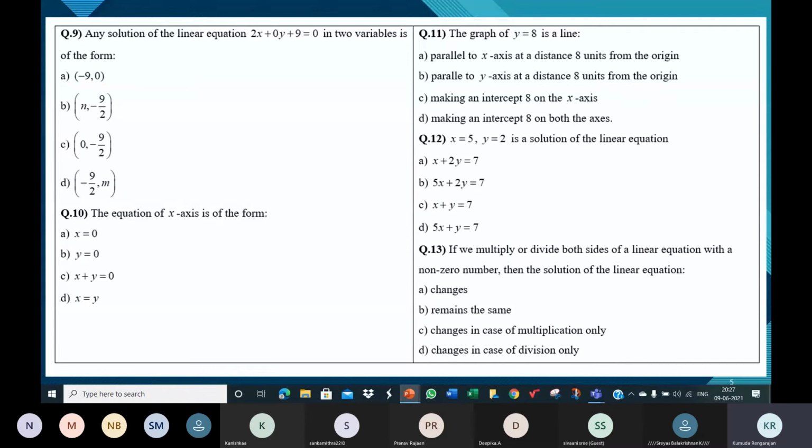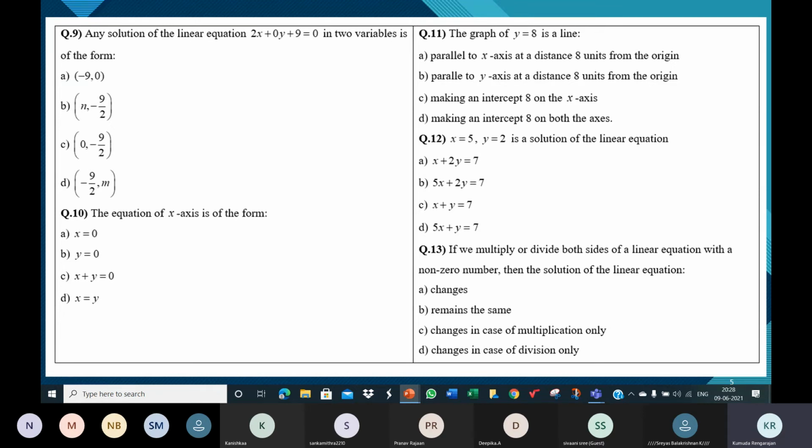So 2x plus 9 is equal to 0, 2x is equal to minus 9, x is equal to minus 9 by 2. Now, if we have to prepare the graph for this equation, the table will have x always minus 9 by 2, and y any value.